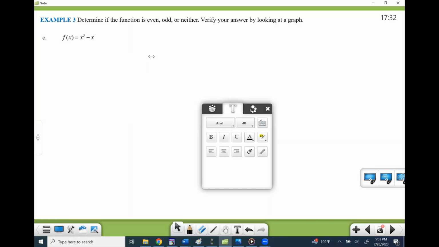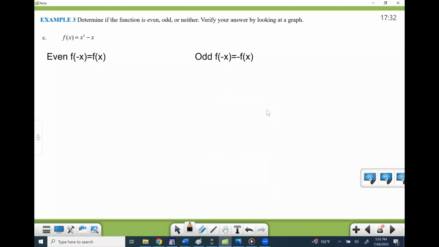So if we're checking to see if it's even, for even, we're going to substitute in a negative x and hope it matches the original. For odd, we're going to substitute in a negative x and see if it's the opposite of the original. I probably should have just been putting this in the middle the whole time.